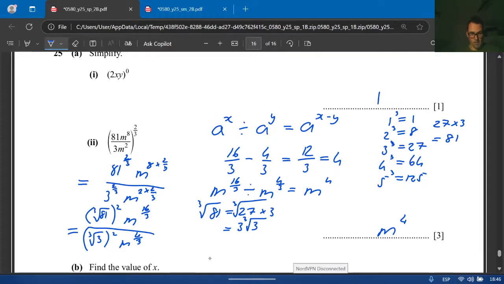Okay, so remember we're looking at this part over here. So we can write the cube root of 81 as, remember that 3 is there, right? So it's 3 times the cube root of 3, all squared, over the cube root of 3 squared.